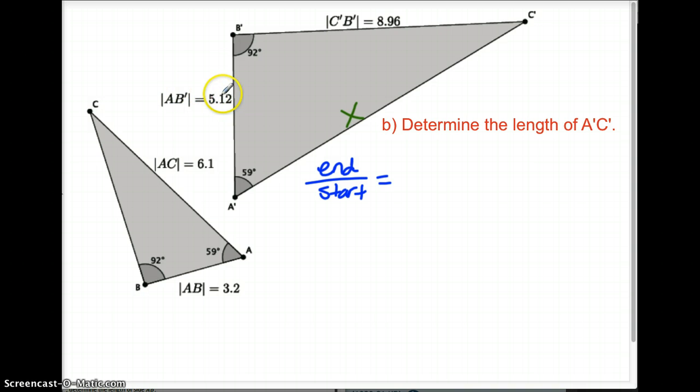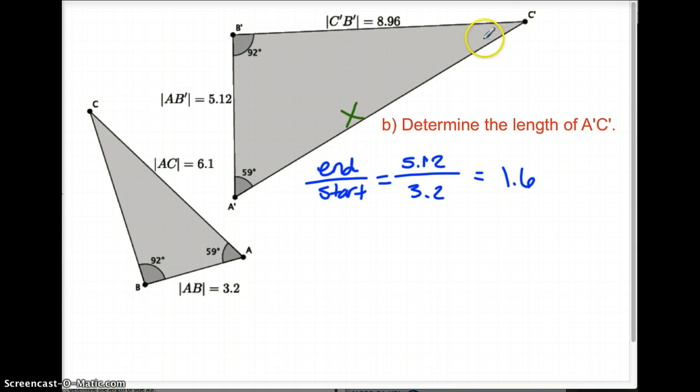So the prime, 5.12, and where I started, 3.2. And I'm going to pull out my calculator again and type in 5.12 divided by 3.2, and I got 1.6. So my scale factor is 1.6.